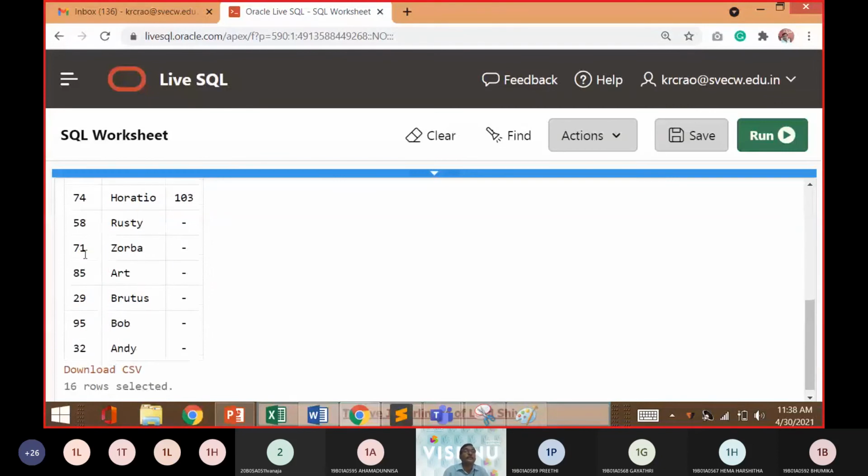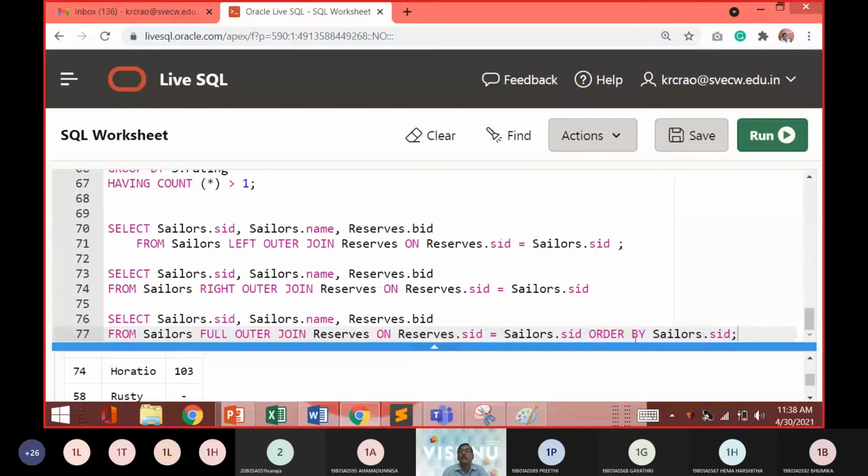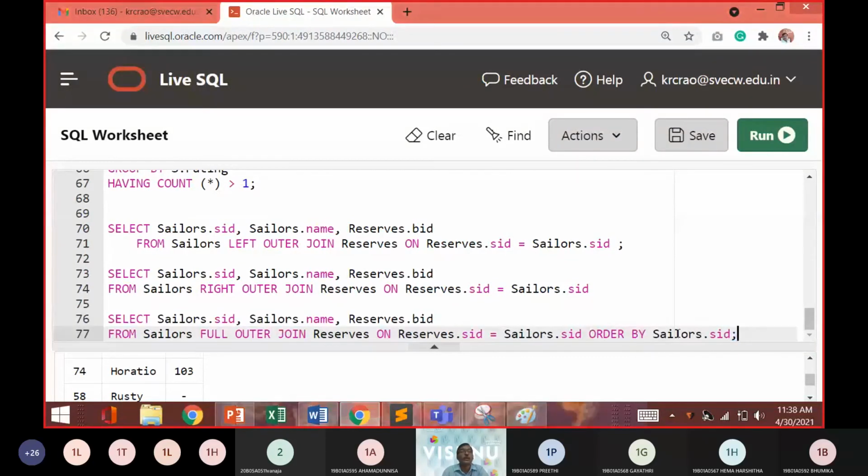Then 71, 85, then 29. Is it in order? No, it is as per how things are stored in the database. So I'm going to use order by here. I'm not mentioning ascending or descending, because by default it is ascending.